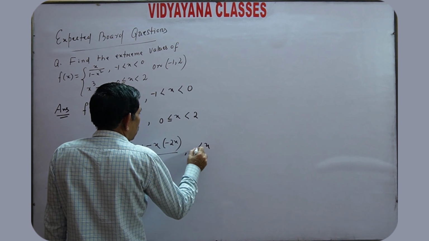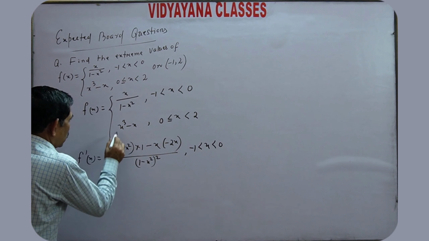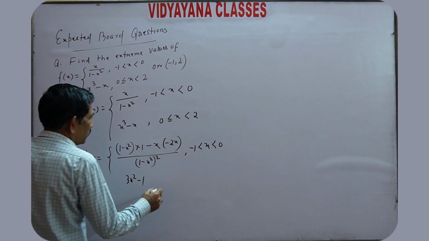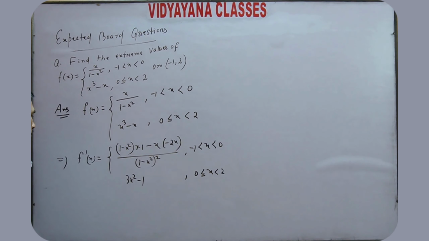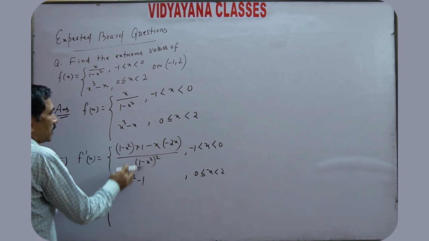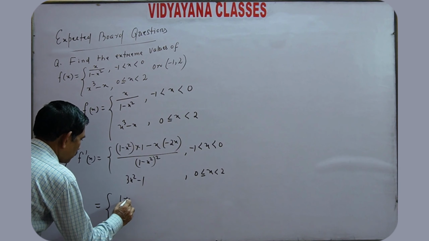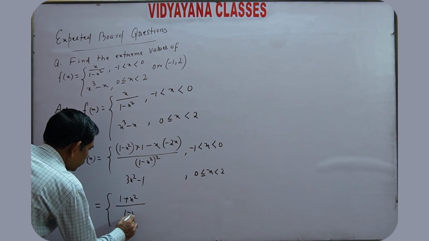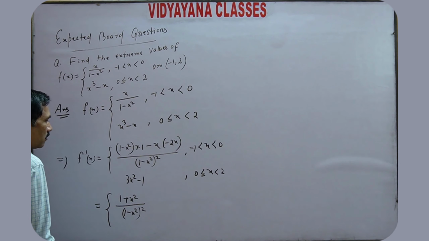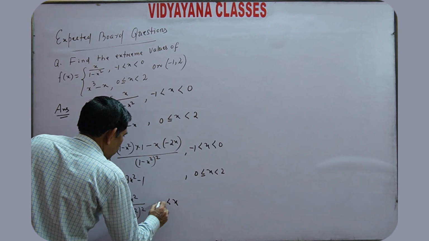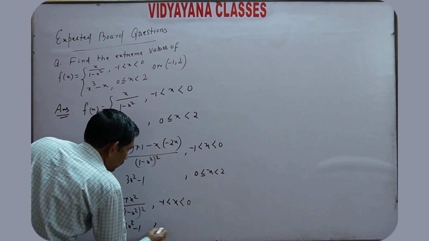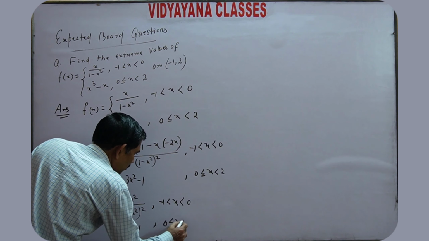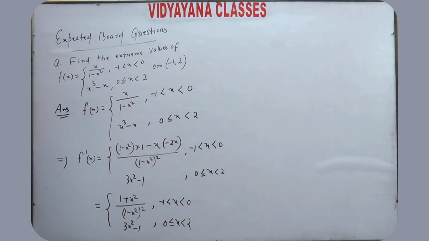When x is greater than minus 1 and less than 0, that is same as 1 minus x square plus 2x square, that is 1 plus x square divided by square of 1 minus x square. And 3x square minus 1 when x is greater than or equal to 0 and less than 2. Clear? Okay.